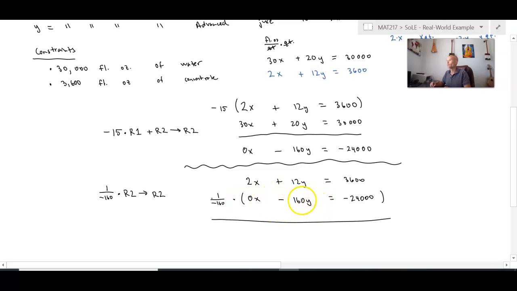And so 1 over negative 160 times negative 160 will give us 0x plus 1y equals, and then whatever negative 24,000 divided by negative 160 is, which comes out to 150. So we see we've solved for y.